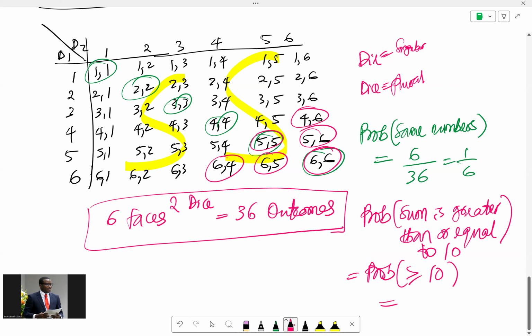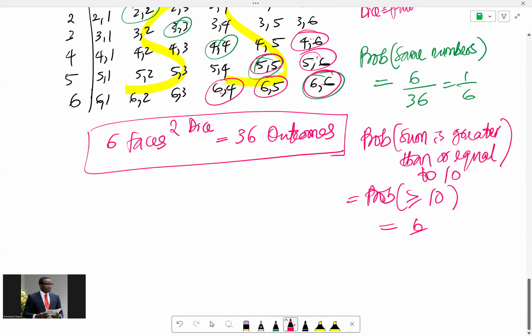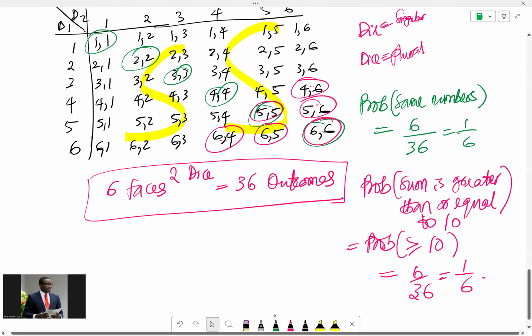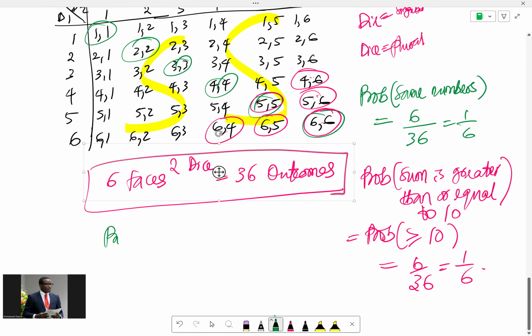That means, of course, this is 12, this is 11, this is 11, this is 10, this is 10, this is 10. Every other thing is below 10. So you just count that as 1, 2, 3, 4, 5, 6. Interesting, still 6 over 36, and that is 1 over 6. That's the probability that the sum of the numbers on the faces of your dice is greater than or equal to 10. Now, what is the probability?